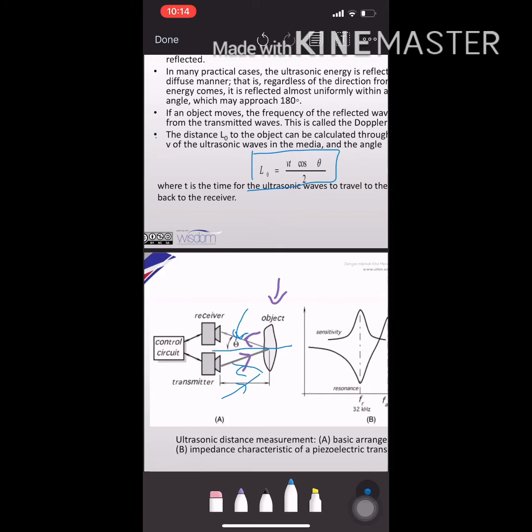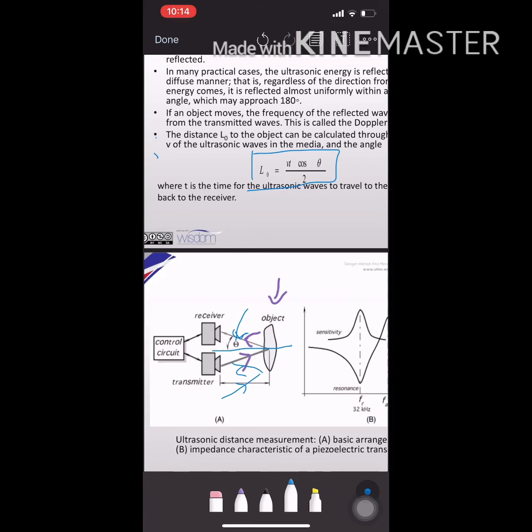To generate any mechanical wave, including ultrasonic, the movement of a surface is required. This movement creates compression and expansion of a medium, which can be gas, liquid, or solid.